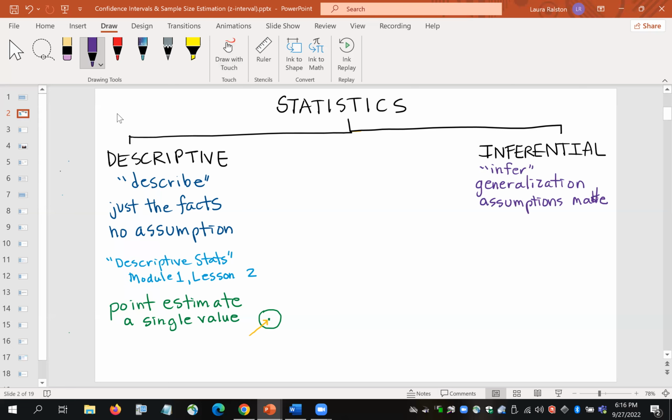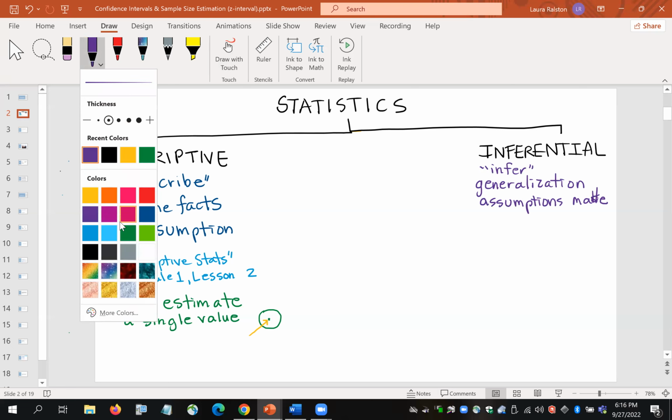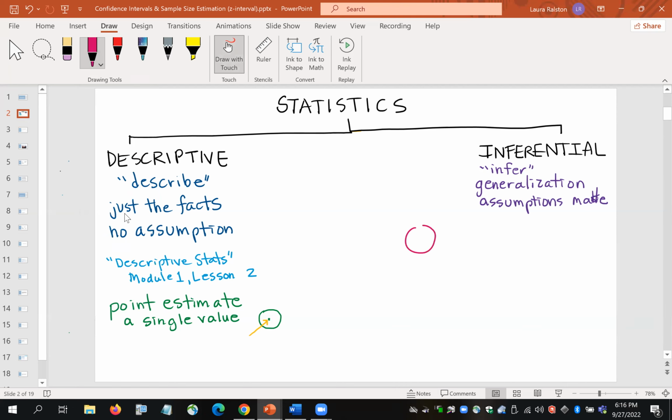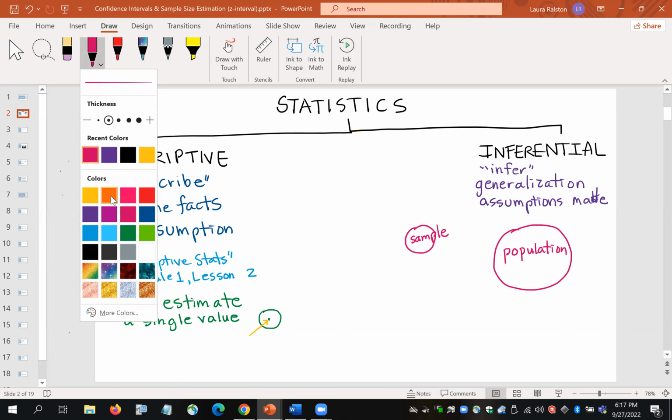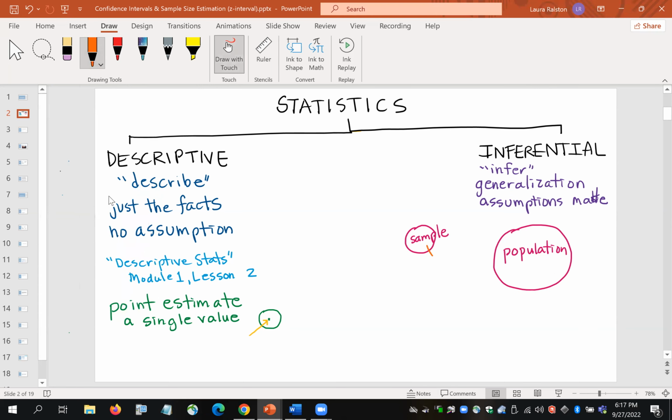This is where the whole idea of statistics comes in: we take what we learn about a sample. We can describe the sample. We can determine how many are in the sample, the minimum, the maximum, the mean, the median, the mode, and all that. But then we want to apply or infer or generalize that information back to the population, because ultimately the population is what I really want to know about.